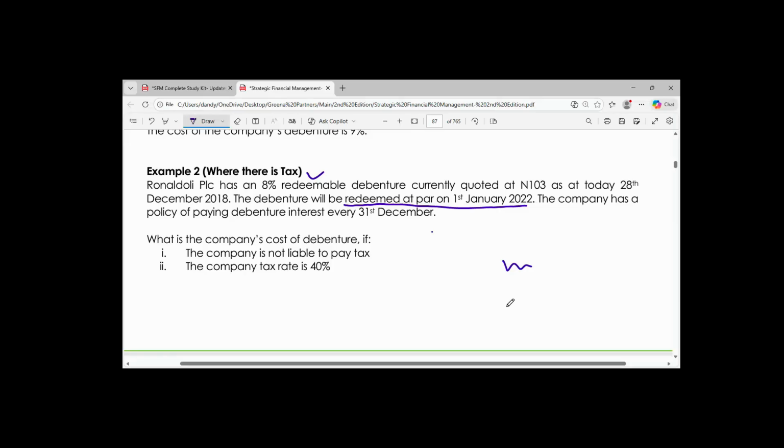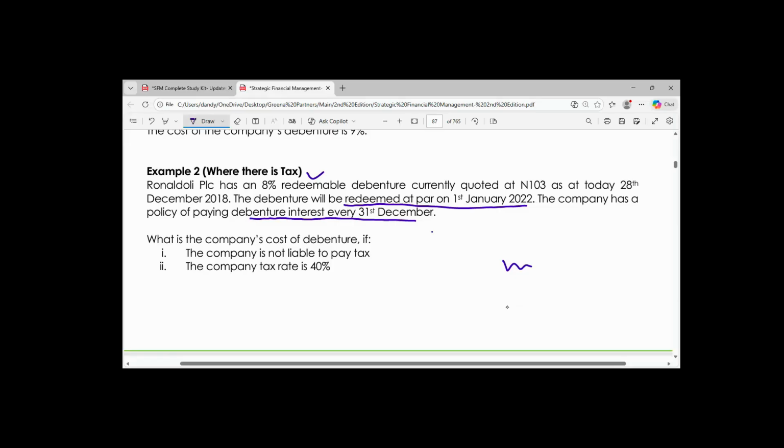Next, you also need to confirm from the question whether the debenture interest has been paid. The examiner told us that today is 28th December 2018, and the company has a policy of paying the debenture interest every 31st of December. If today is 28th, we have not gotten to 31st of December, so the debenture interest has not been paid.